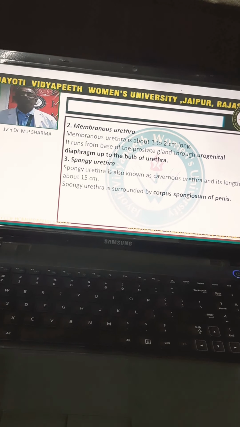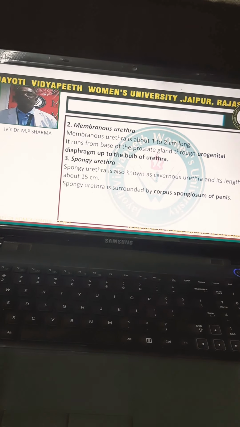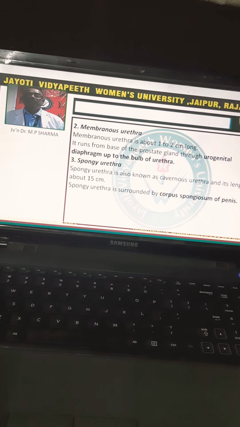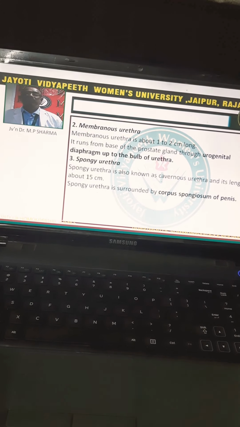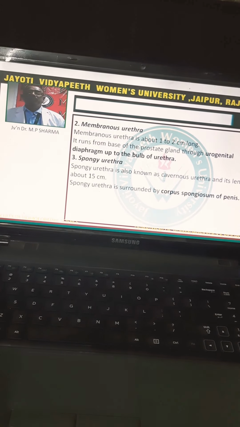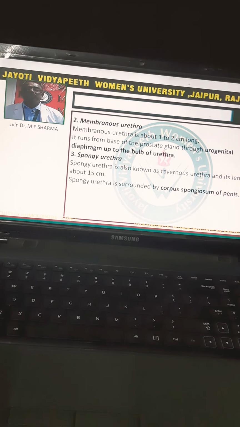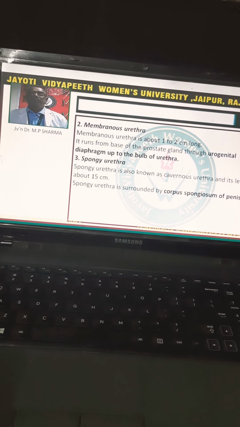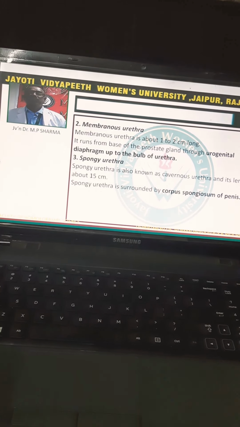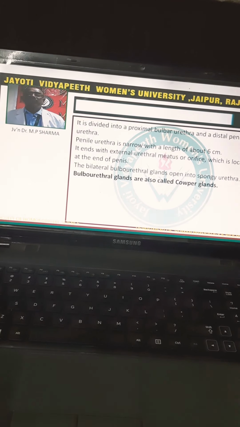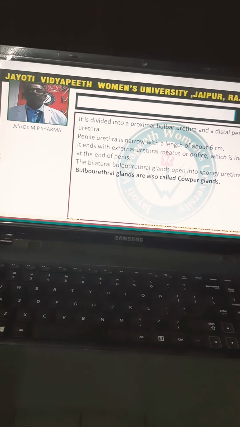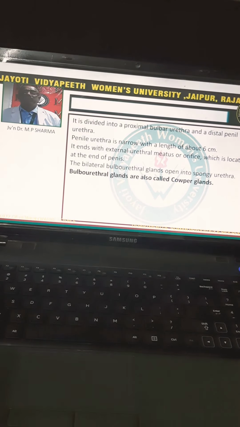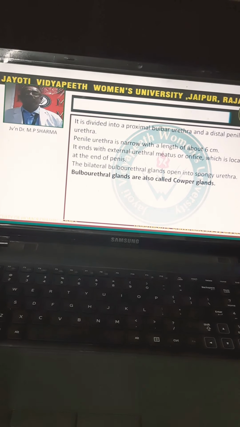Membranous urethra is about 1 to 2 cm long and it runs from the base of the prostatic gland through urogenital diaphragm up to the bulb of penis. Spongy urethra is also known as cavernous urethra and its length is about 15 centimeter. Spongy urethra is surrounded by corpus spongiosum of penis and it is divided into a proximal bulbar urethra and a distal penile urethra.